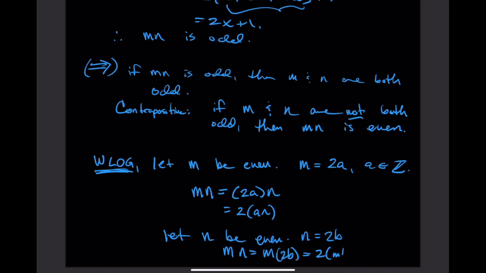You can see it's going to be basically the same exact proof, and so we don't need this at all. So if we say without loss of generality, let m be even, then that's also covering the case where n is even.